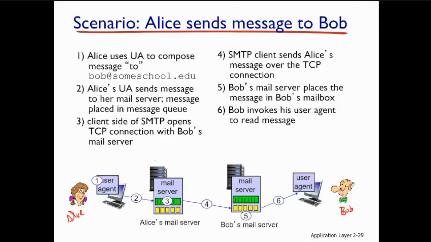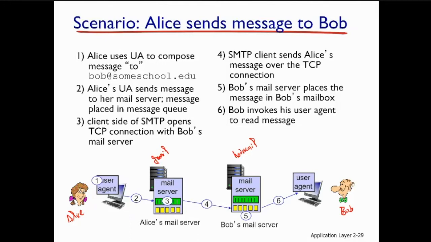Let's assume that Alice is using Gmail, and Bob is using Hotmail. The message will be queued on the server of Alice.